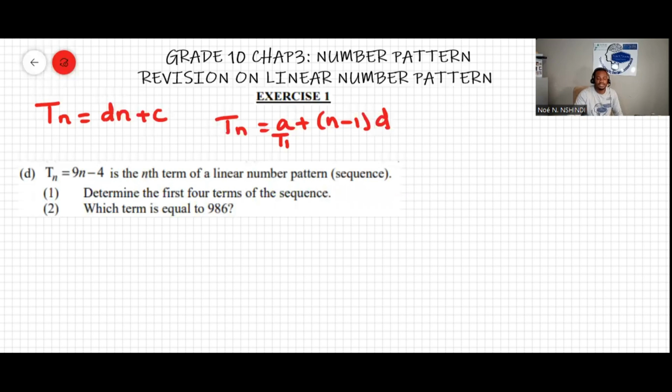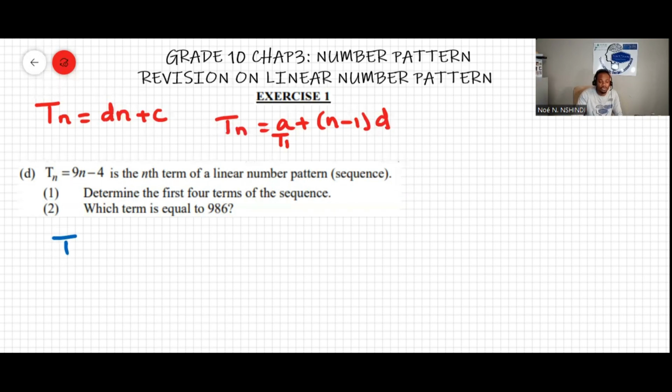Well, this says 9n minus 4 is the nth term of the linear number pattern. Determine the first 4 terms of the sequence. So to determine the first 4 terms, we're going to substitute some values for n, the first 4 natural numbers: 1, 2, 3, 4.